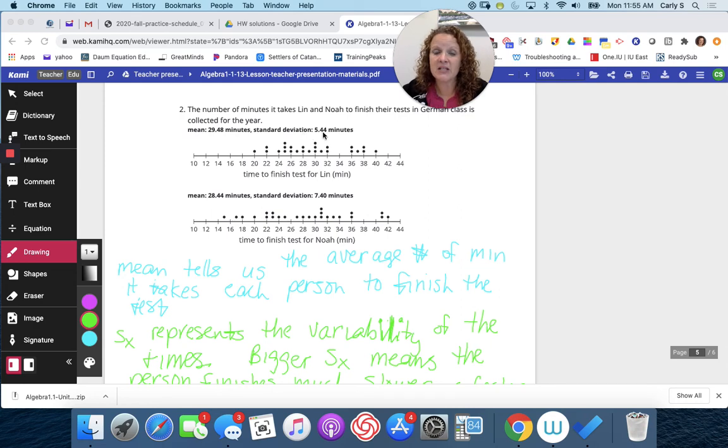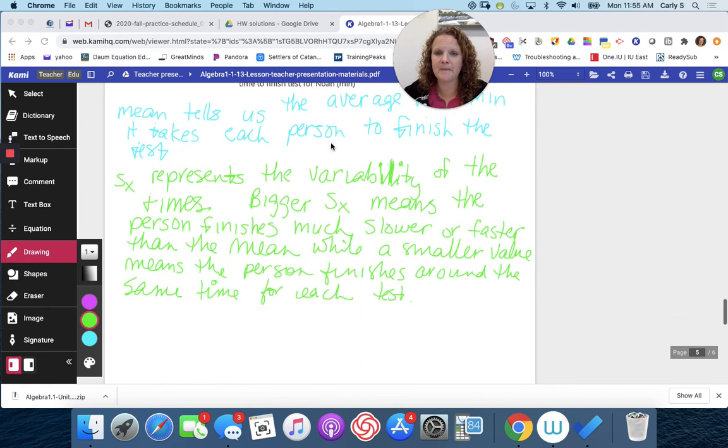Lynn's standard deviation is smaller than Noah's, so Noah's going to have more variability, okay? More often, Noah will finish either a lot faster or a lot slower. But Lynn's standard deviation is smaller. That means that her data has less variation. Noah, bigger standard deviation, bigger variation. Lynn, smaller standard deviation, less variation, okay?